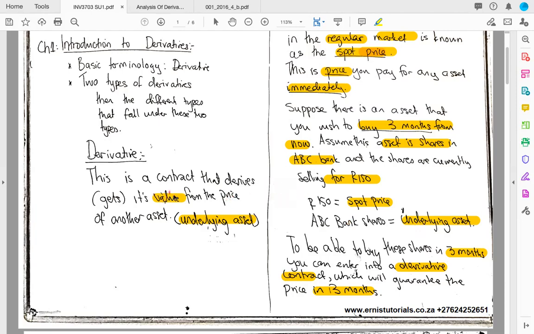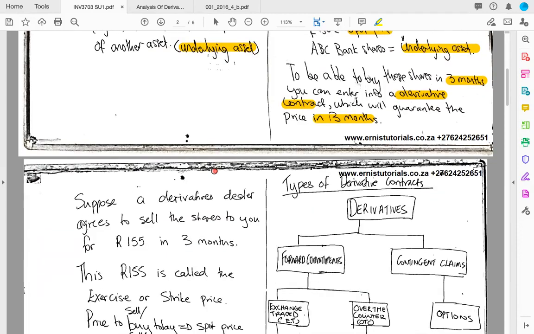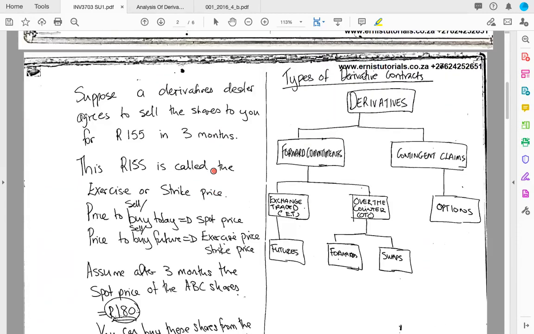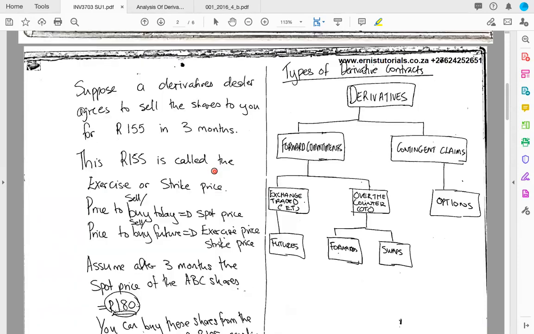So how valuable the contract is to you will be based on what the price of the underlying asset is at expiry. That's why we call it a derivative contract. But let me illustrate this to you through an example.